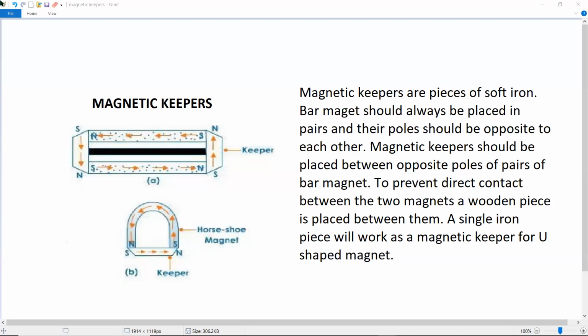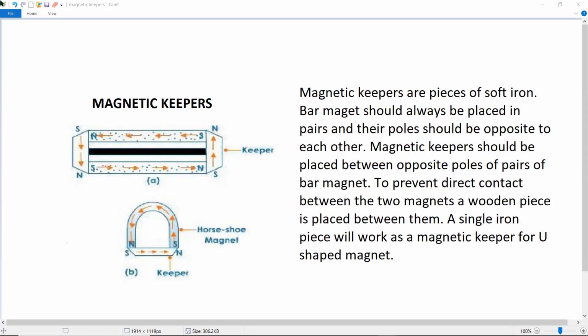Magnetic keepers are pieces of soft iron. Bar magnets should always be placed in pairs and their poles should be opposite to each other. Iron pieces or magnetic keepers should be placed between opposite poles of pairs of bar magnets.